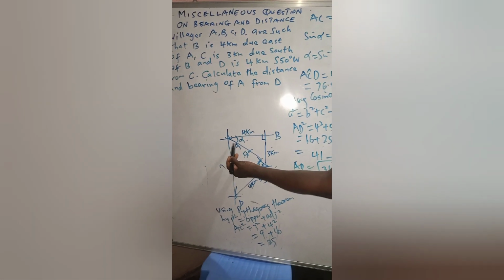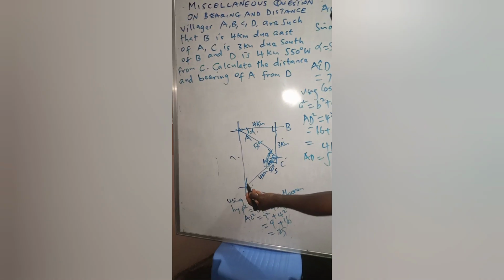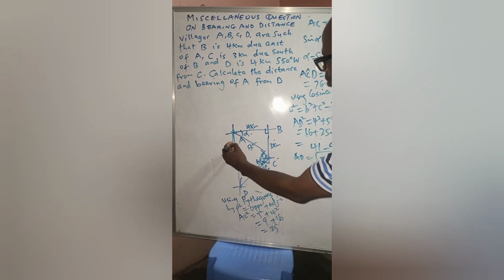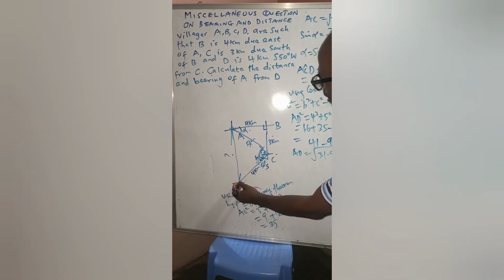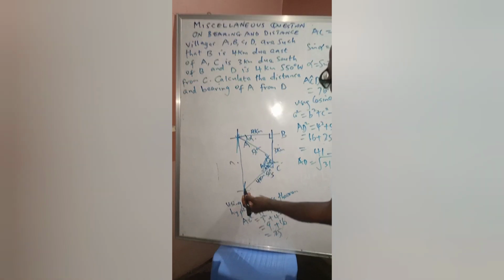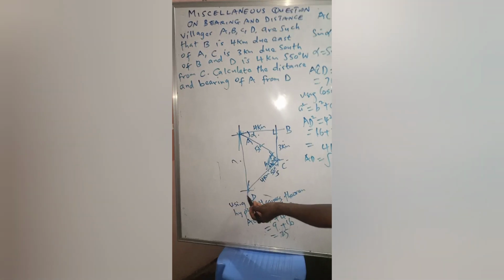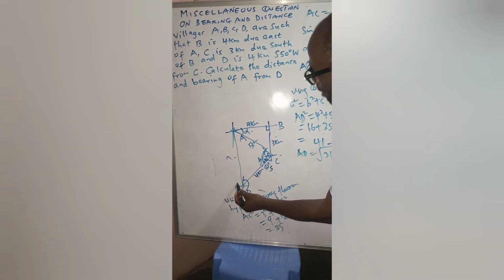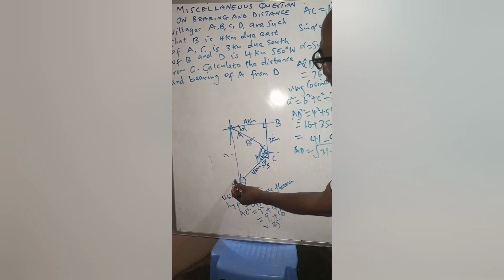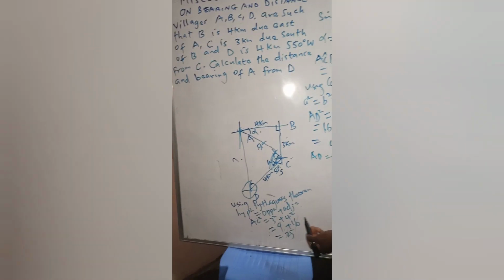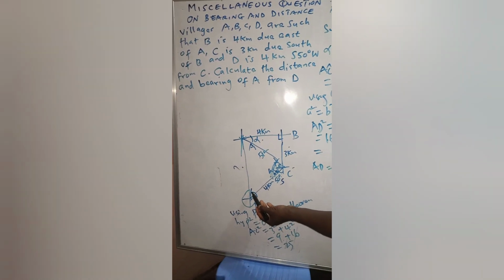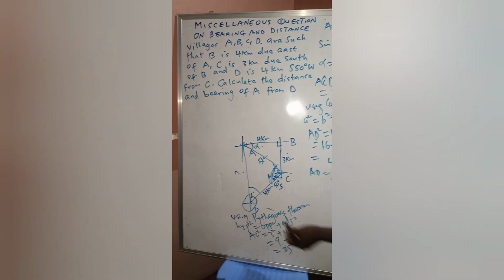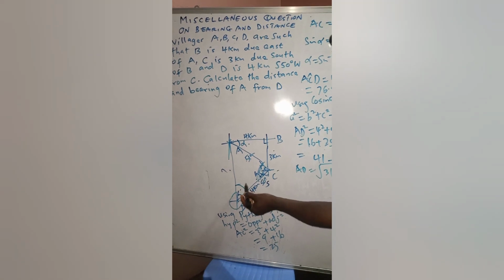So bearing of A from D, you stand on the north pole of D and move until you touch the line that leads back to A. This is A. So how do we do that? From here to here, we know it's 360. So let us find a way to find this angle. If I know this angle, let's call this angle beta.